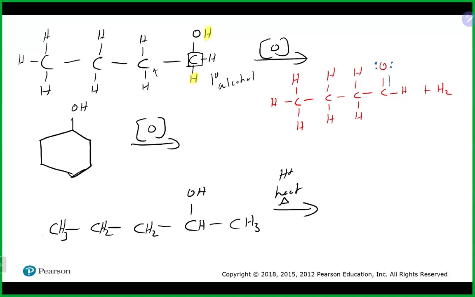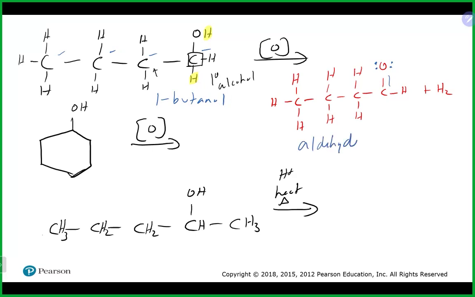Once again, we go from an alcohol, which this guy is 1 carbon, 2 carbons, 3 carbons, 4 carbons. This is 1-butanol, right? As it is 4 carbons based off of butane. The OH group is at carbon number 1 in this case. This brings us to this guy, which is again an aldehyde.